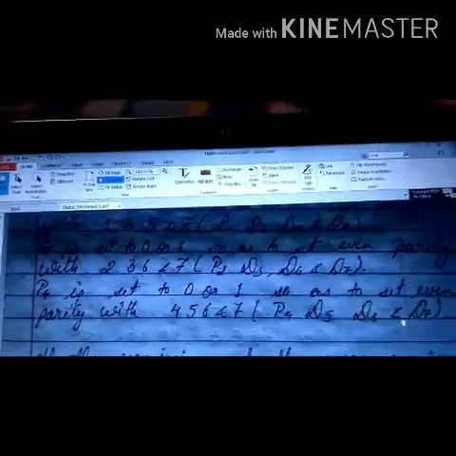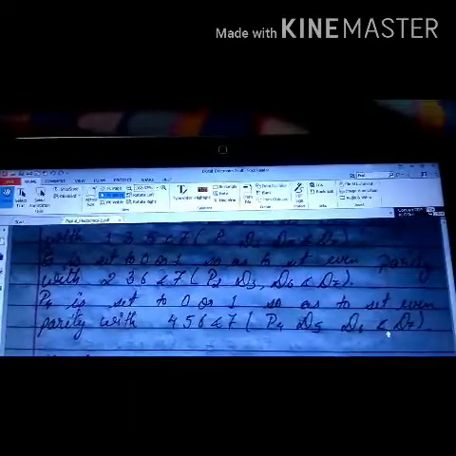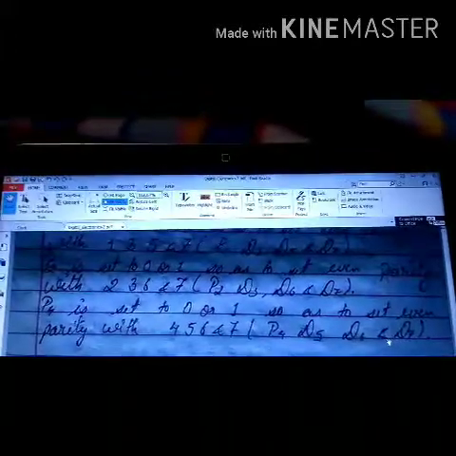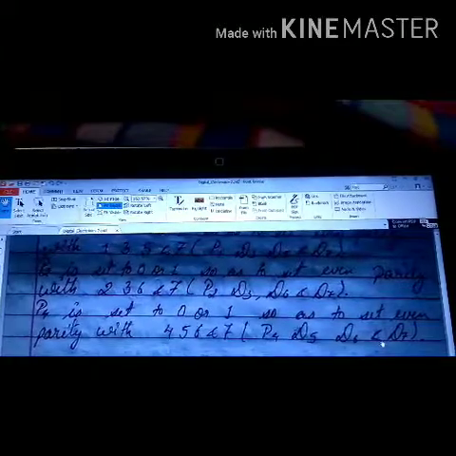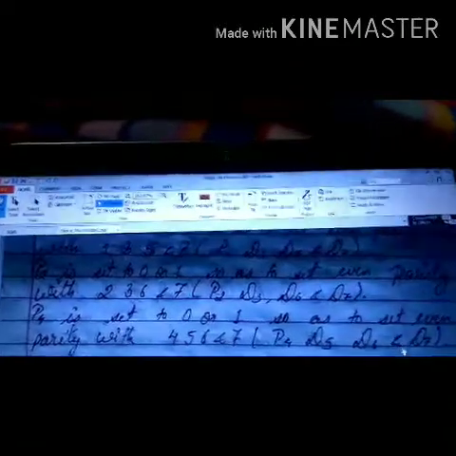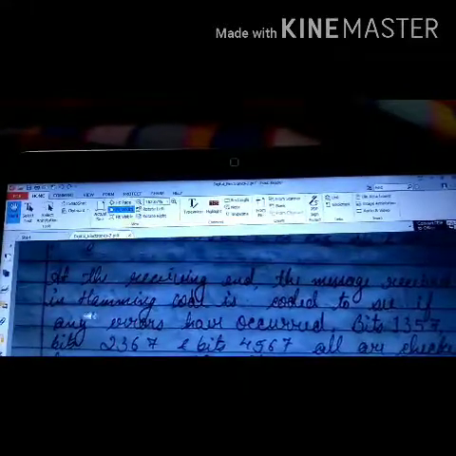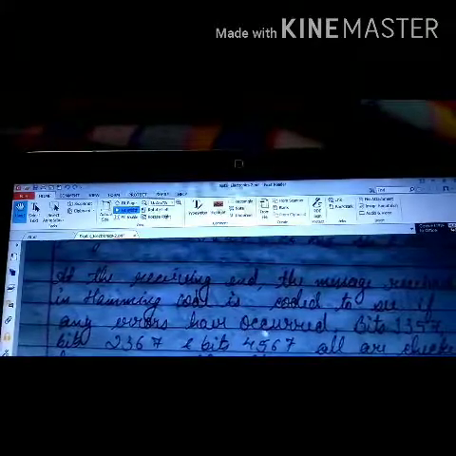Okay, so we can see that P1, P2 and P4 all assume even parity, but for assuming even parity they utilize different data bits. At the receiving end, the message received in the Hamming code is decoded to see if any error has occurred.